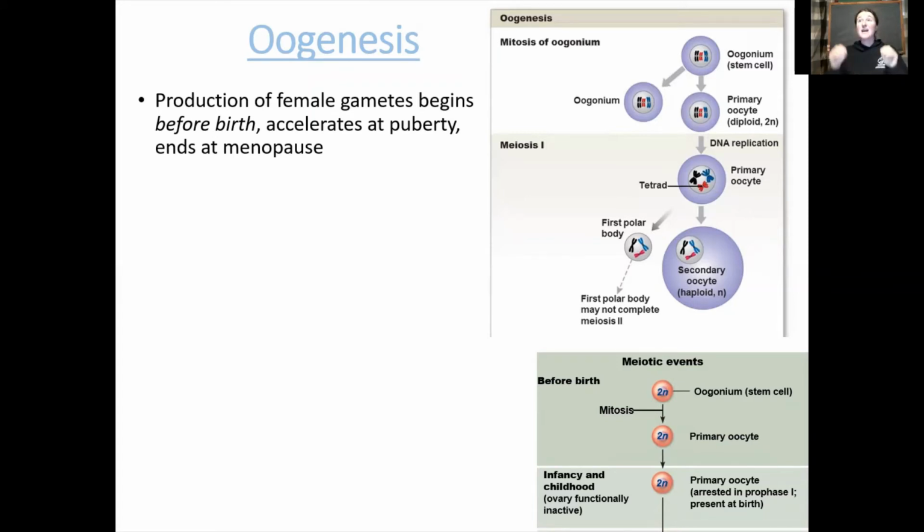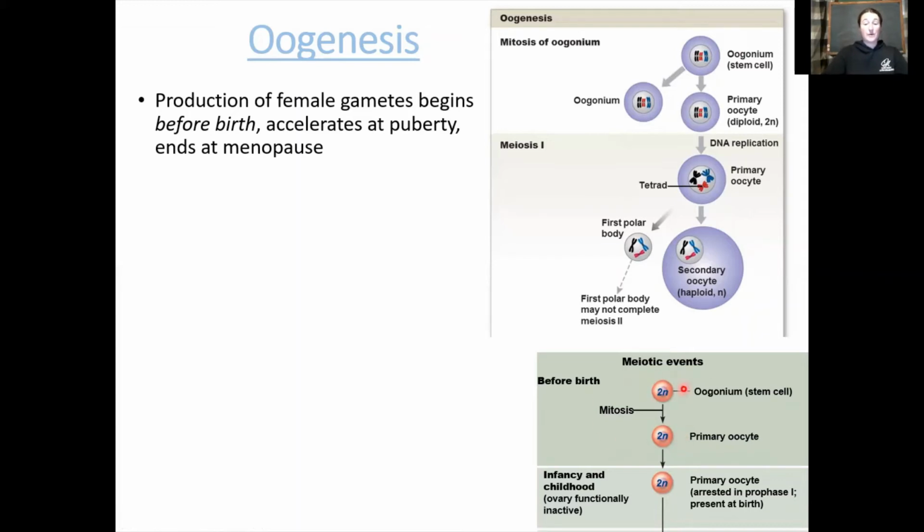So again, the creation of eggs, which ultimately go on to become you, begins when grandma is still pregnant with mom. And the process doesn't complete until fertilization occurs. So you really do go back all the way to your grandma. So this begins before birth.